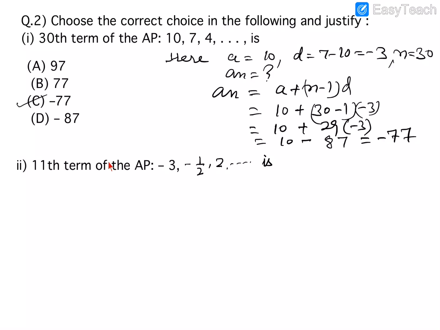Now the 11th term of the AP. Options are 28, 22, minus 38 and minus 48 and a half.